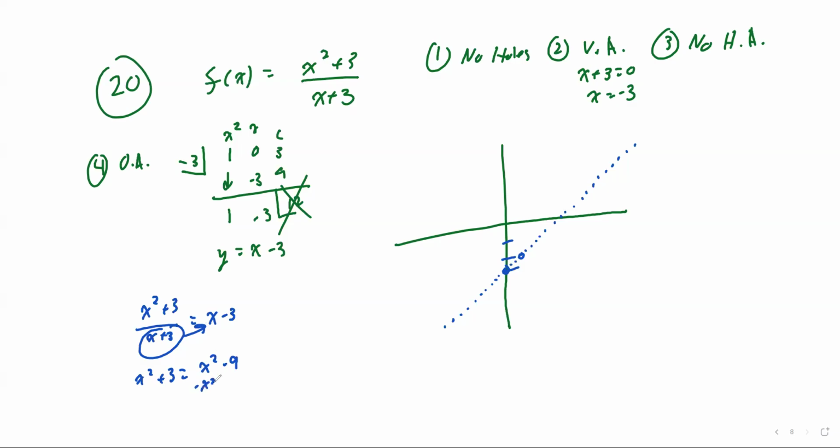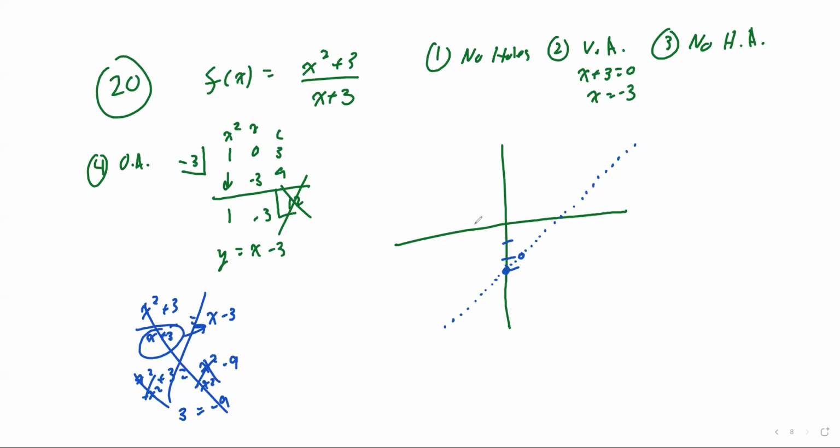And then I'll subtract x squared, and I get 3 equals negative 9, which is not true. So that means it does not cross this oblique asymptote at all. So in this situation, there's usually just one branch. You just got to figure out how does it look. Best way to do this is to kind of graph it with some random points to see what it does.